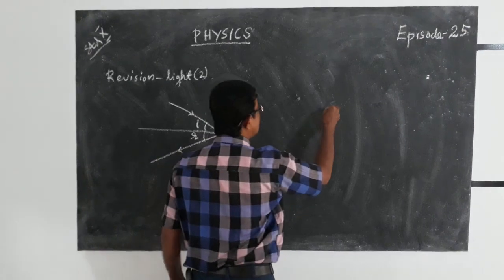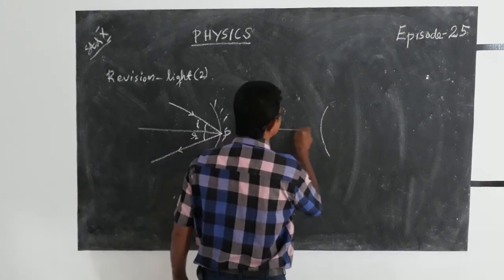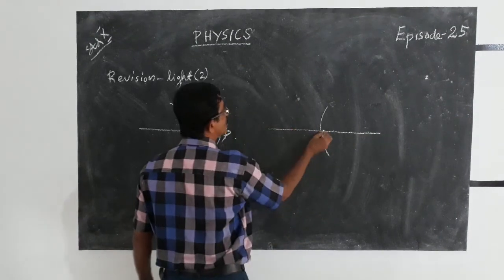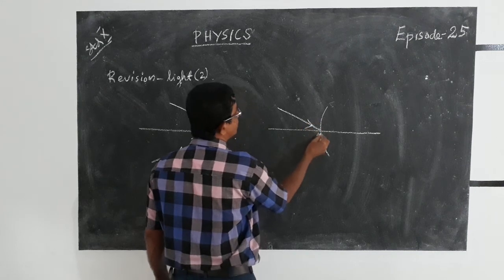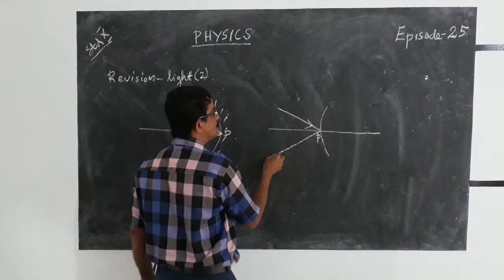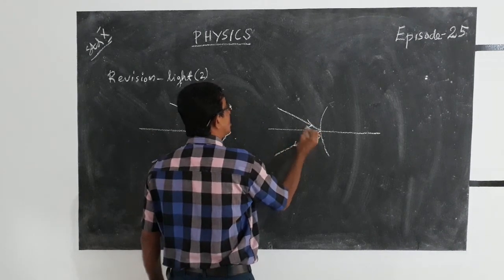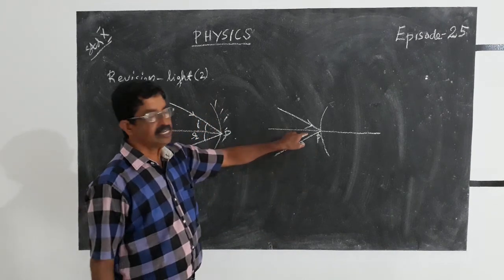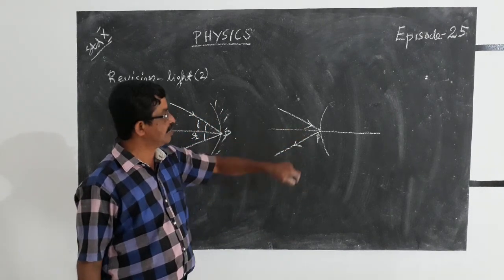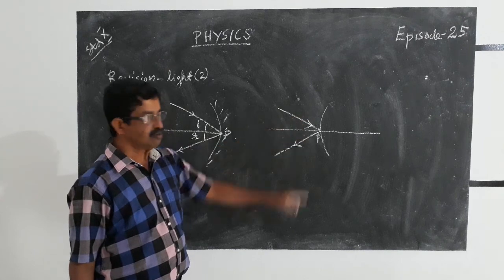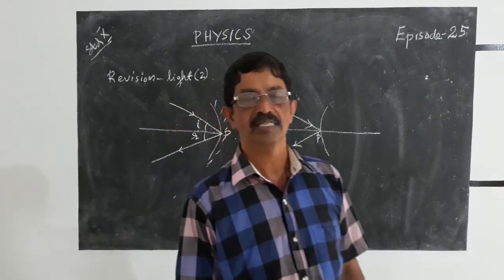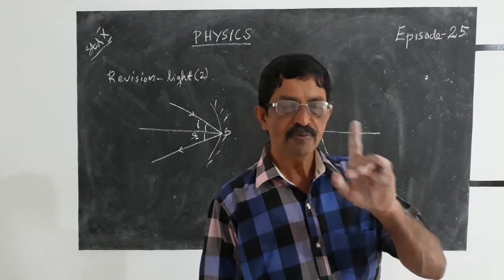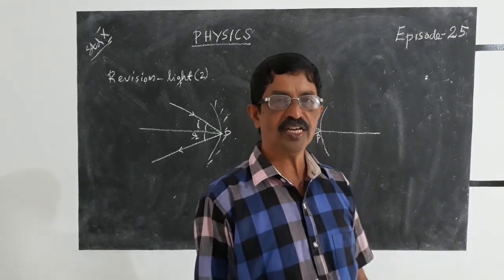Now, in the case of a convex mirror, with principal axis and pole, a ray incident at an angle is reflected along this side with the same angle. Now with these rays we want to draw image formation.